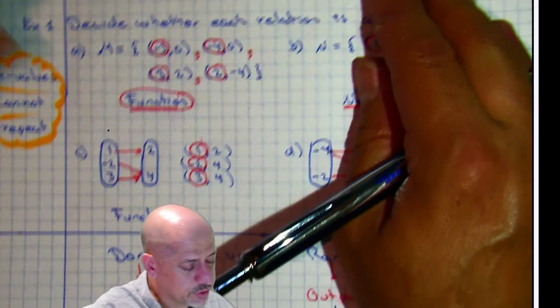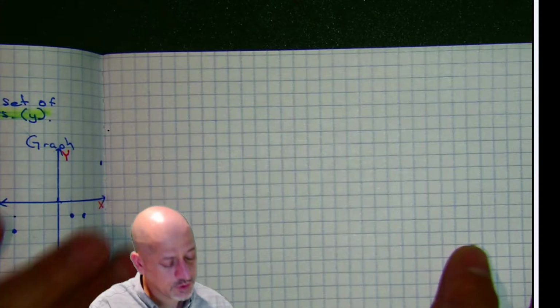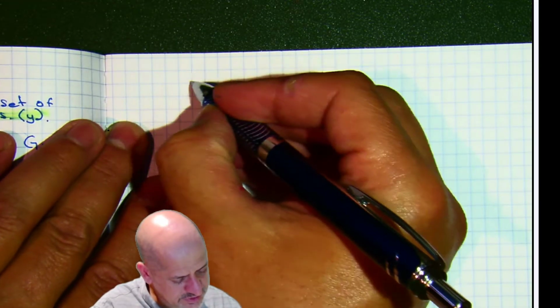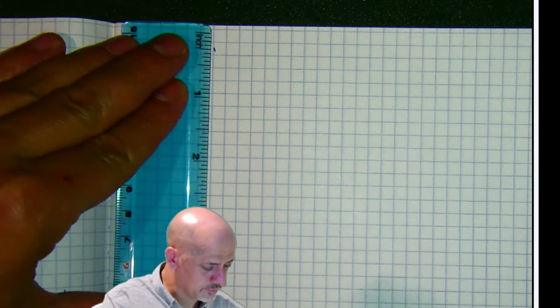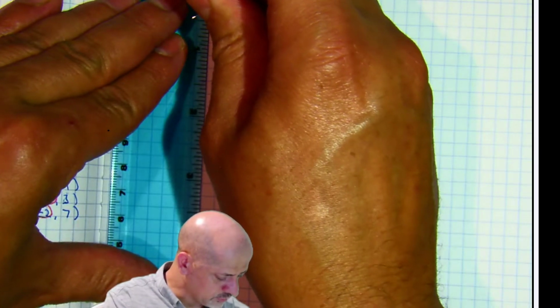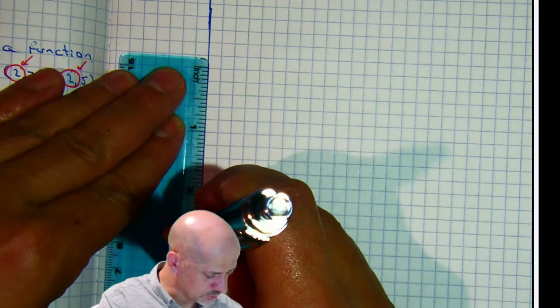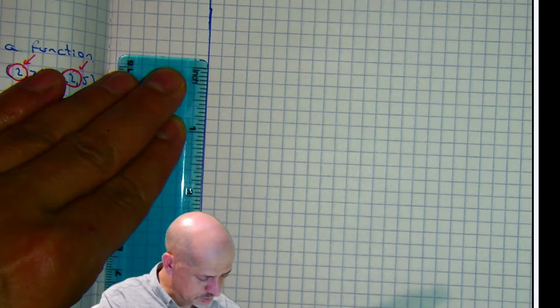So let's do example number 2. Let's do our 6, 2, 4, 6. I'm going to do 7 on this side. We are going to find our domain, and then we're going to talk about your range.